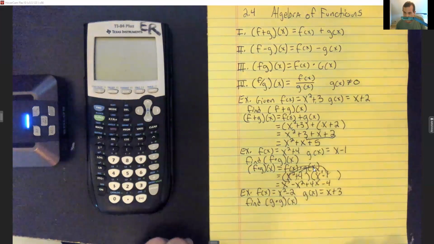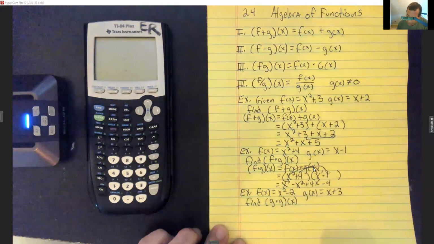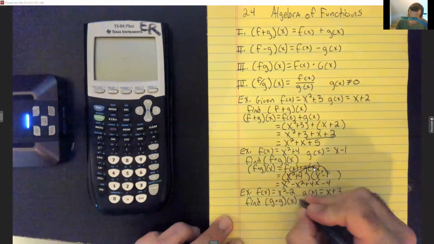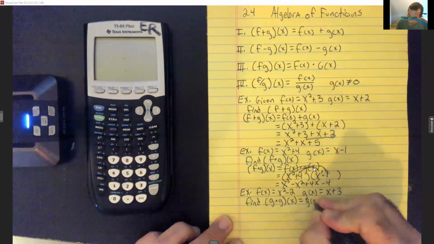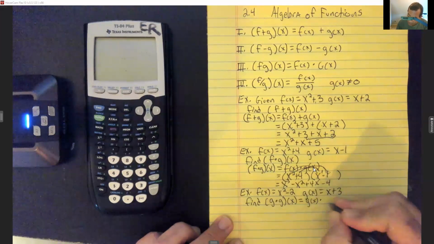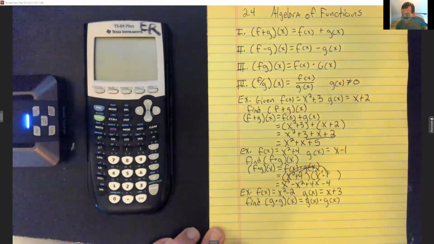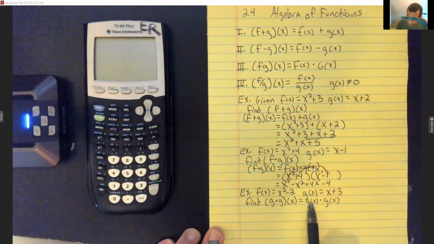So a little tricky one here, right? But remember, g times g of x is going to equal g of x times g of x. So they gave me f of x for no reason on this one because all they want me to do is take my g of x times my g of x.